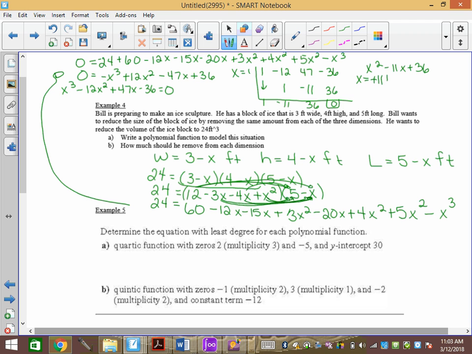Minus a minus 11 plus or minus the square root, because this is your a equals 1, your b equals negative 11, your c equals 36. Negative 11 squared minus 4 times a times c, all over 2 times 1. X equals 11 plus or minus.